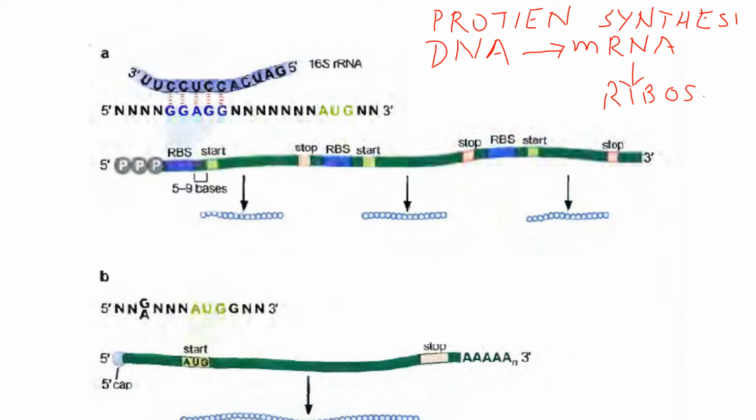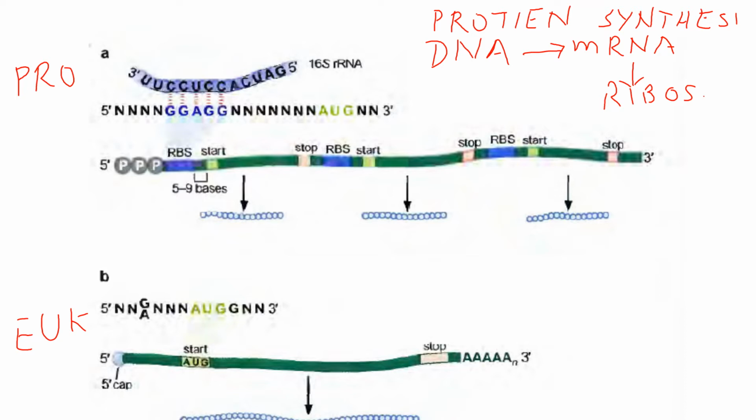And the process of synthesis of messenger RNA is called transcription, right? So here in the figure, you are seeing two RNA molecules. Let us first understand the first RNA molecule. The first RNA molecule is present in prokaryotes, and this structure is present in eukaryotes.